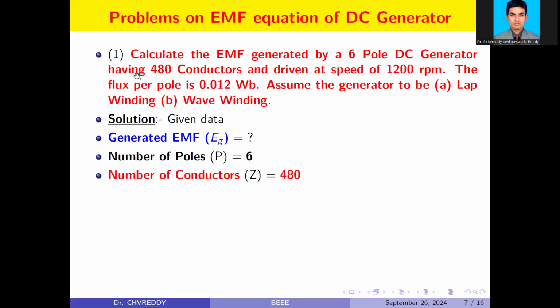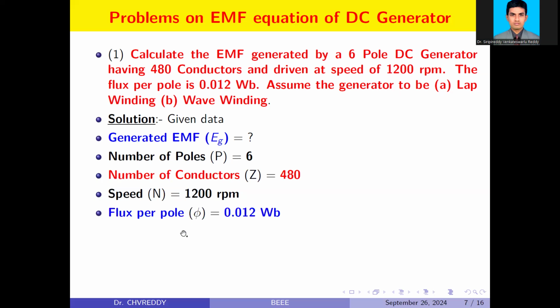They give 480 conductors, the number of conductors Z equal to 480. Driven at a speed of 1200 RPM, so the speed N equal to 1200 RPM. Flux per pole is 0.012 Weber, so the flux per pole phi equal to 0.012 Weber.